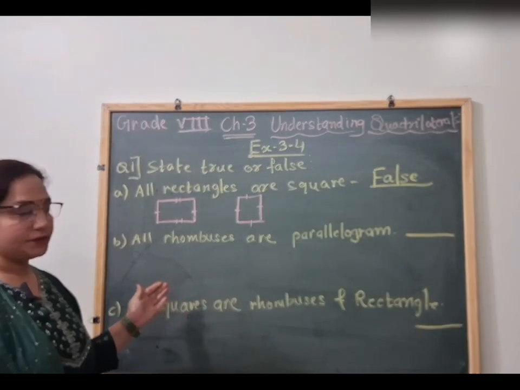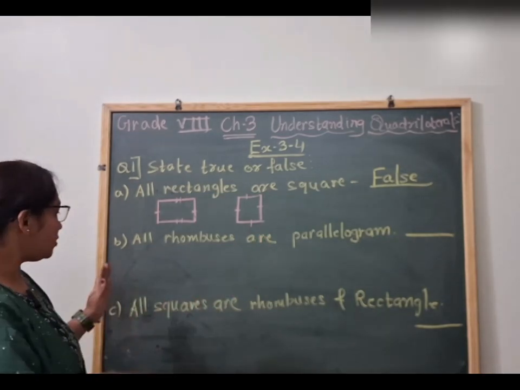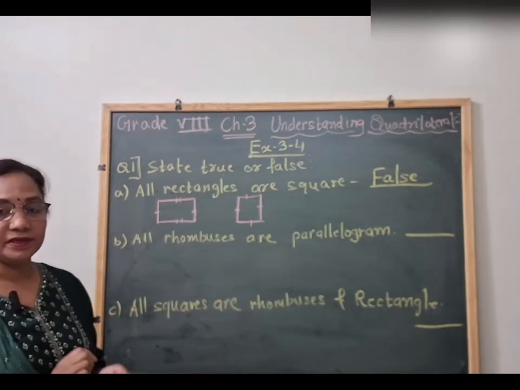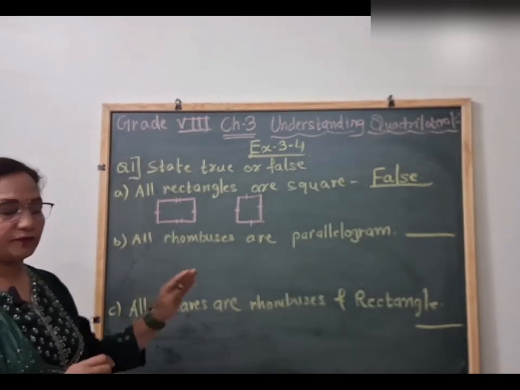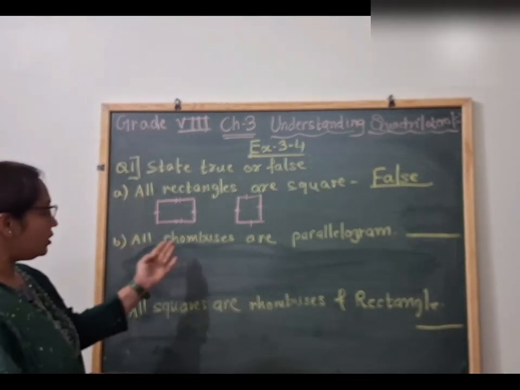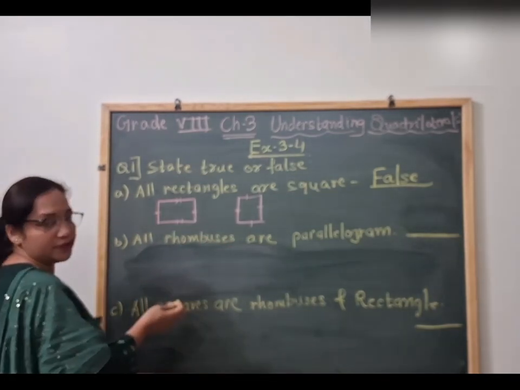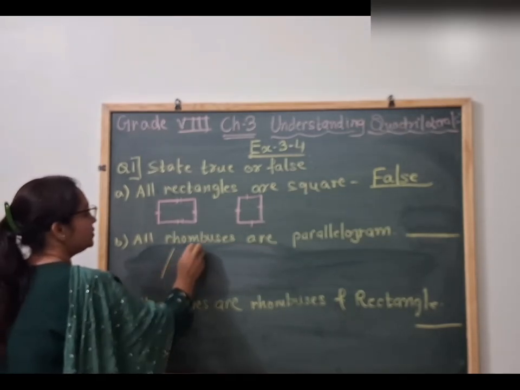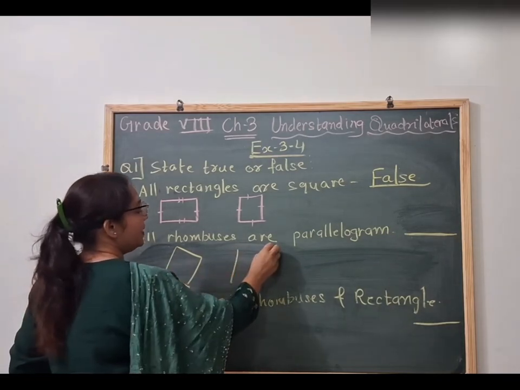Moving on to the next. All rhombuses are parallelograms. Here they are asking whether all rhombuses are parallelograms. Let us draw a rhombus and a parallelogram and compare the properties of a rhombus with a parallelogram. Let us draw a rhombus first, and let us draw a parallelogram.